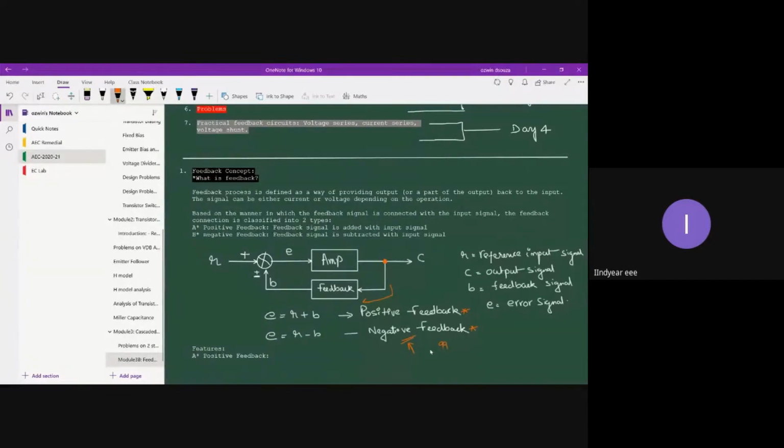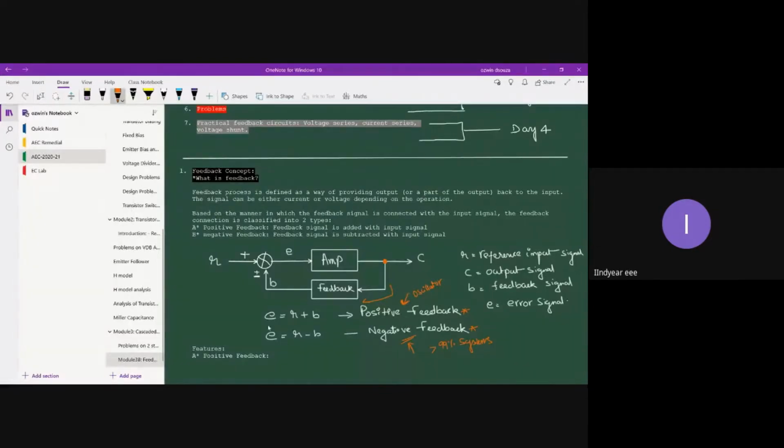You can say that more than 99% of systems are negative feedback types. In positive feedback, we don't use many systems except for the oscillator. An oscillator is an electronic circuit which works on the principle of positive feedback. I'll also tell you why.